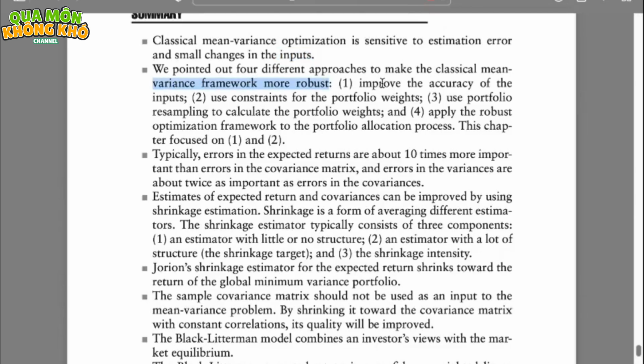If you want to improve your result in classical optimization, you need to improve the accuracy of the inputs, that's the mean return matrix and the covariance matrix.